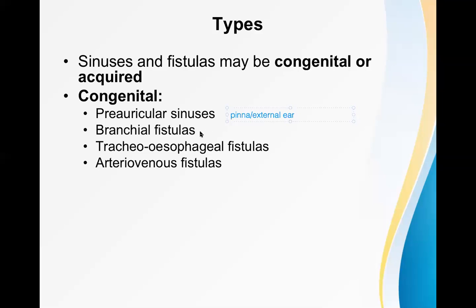Branchial fistula. Now there are branchial arches. We have studied branchial arch in embryology. So there is a fistula present near the neck area, on the side of the neck, very near to the sternocleidomastoid muscle. If there is a fistula present, usually it is congenital, and we call it branchial fistula. Tracheoesophageal fistula.